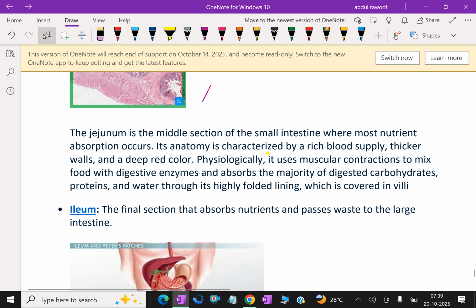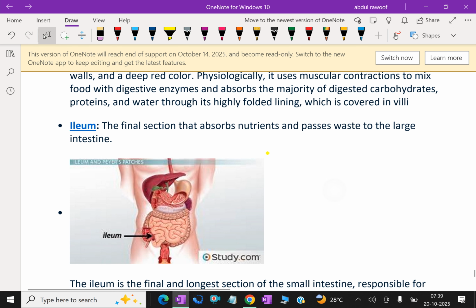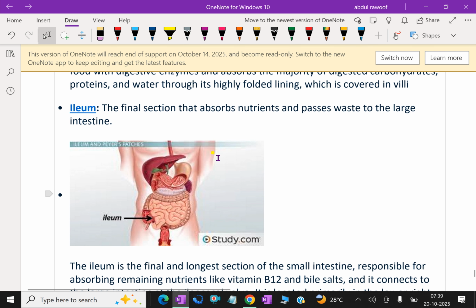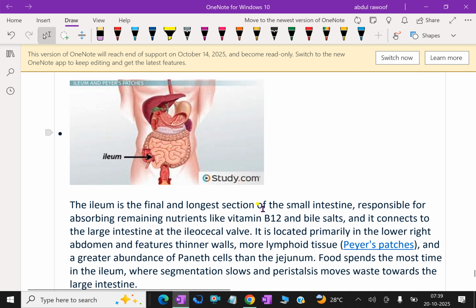Next is the ileum. The final section that absorbs nutrients and passes waste to the large intestine. The ileum is the final and longest section of the small intestine, responsible for absorbing remaining nutrients like vitamin B12 and bile salts, and it connects to the large intestine at the ileocecal valve.